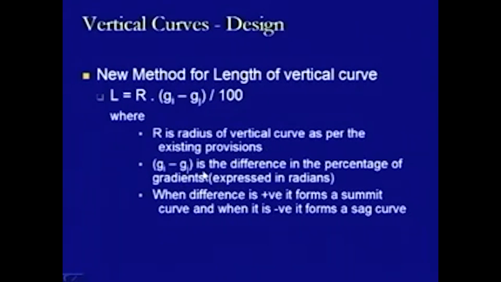Gi minus Gj is the difference in the percentage of gradients, and 100 is used to convert this value into radians. When the difference is positive, it forms a summit curve, and when the difference is negative, it forms a sag curve. This is how we can identify whether it is a summit curve or a sag curve.